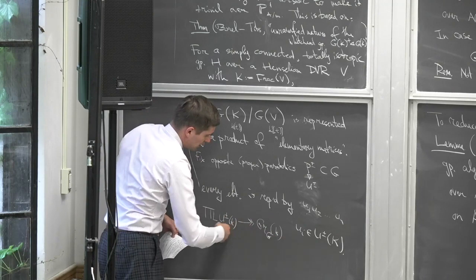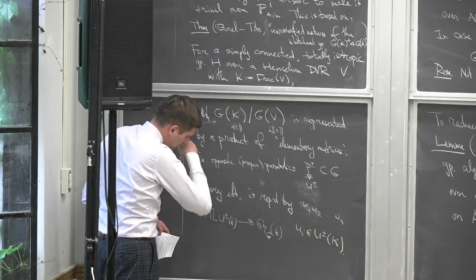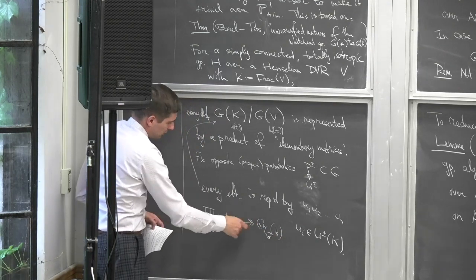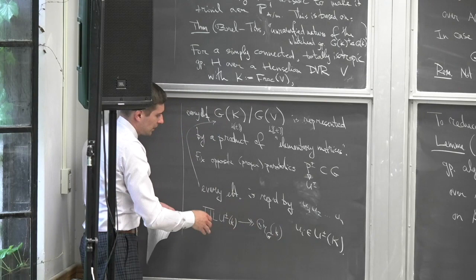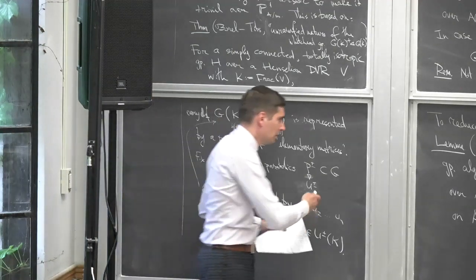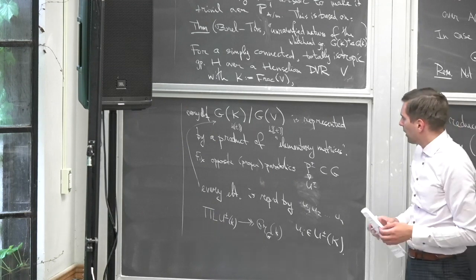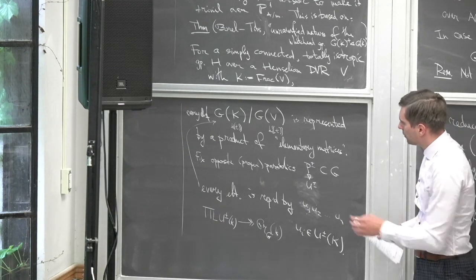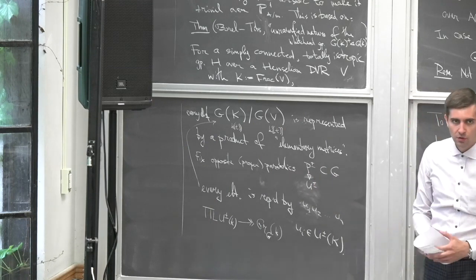One can use this theorem to slightly simplify some proofs in Scholze. It's a useful thing. It's not so well known, but this is true for any choice of these opposite parabolics, and it doesn't matter which ones.